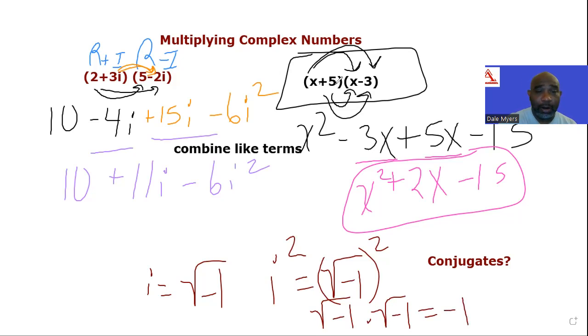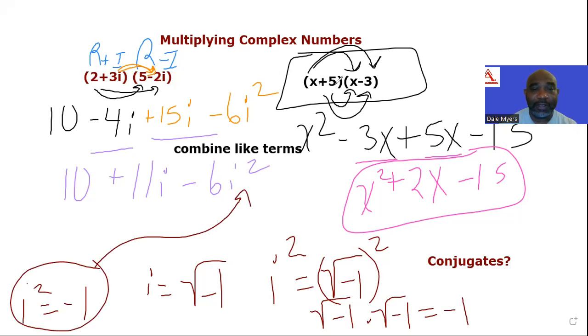So i squared is really equal to negative 1. This is important. Negative 6 times i squared is really negative 6 times negative 1. Negative times negative becomes positive 6.